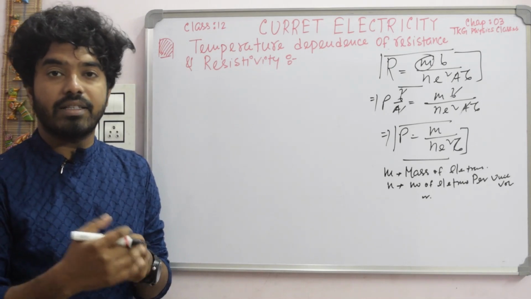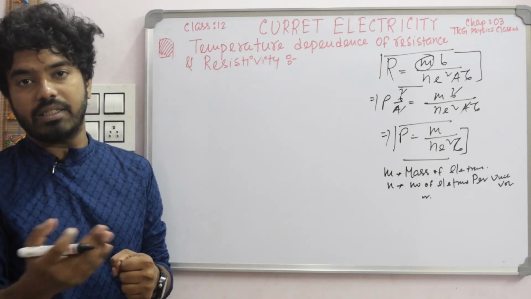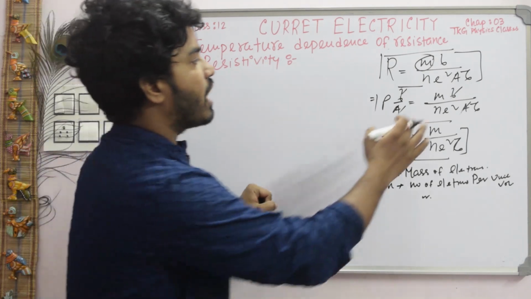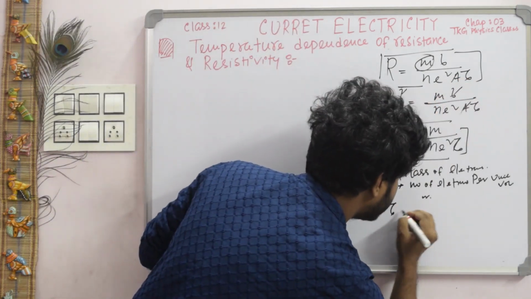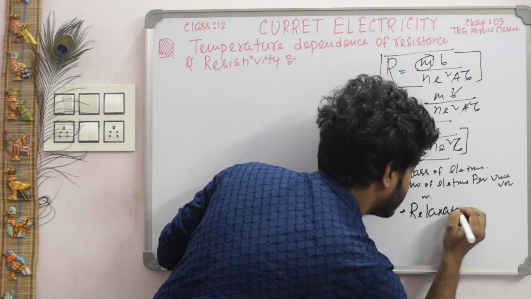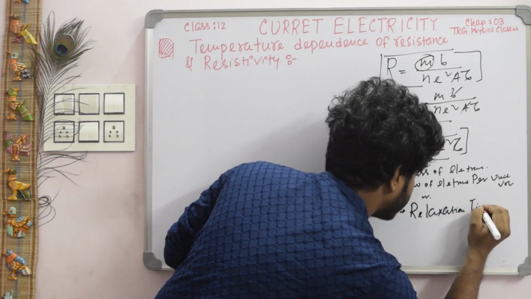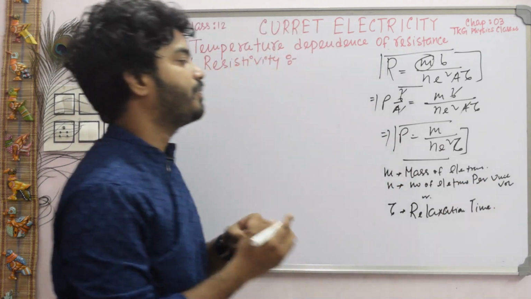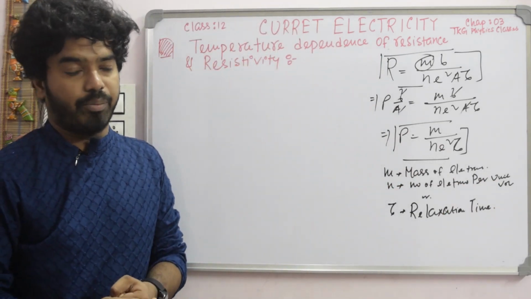A is the area of cross section. L is the length of the conductor. And tau is called relaxation time, or you call it mean collision time. So this is our expression.